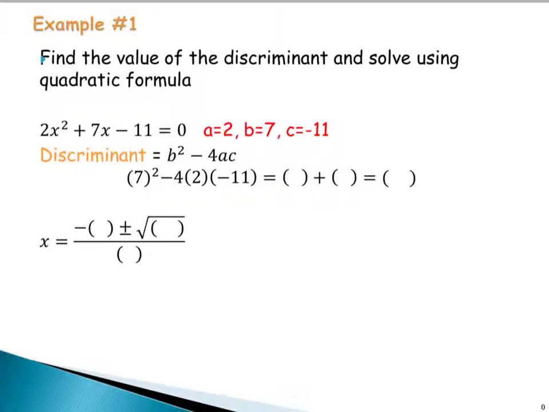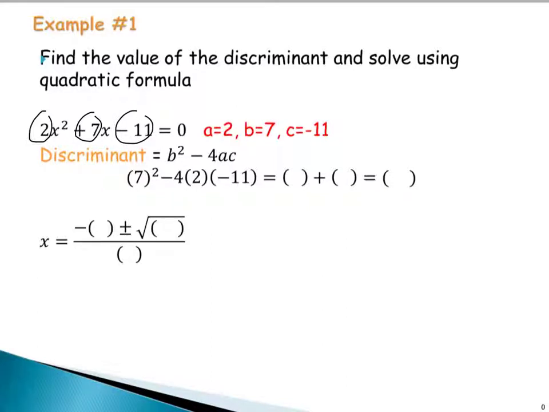Find the value of the discriminant and solve using the quadratic formula. 2x squared plus 7x minus 11 equals 0. So your a is 2, your b is 7, your c is negative 11.